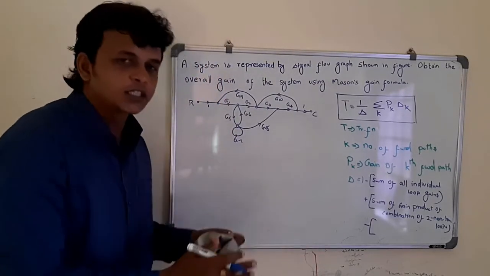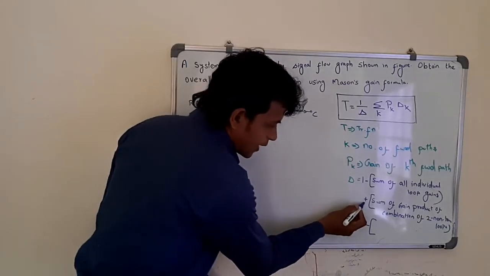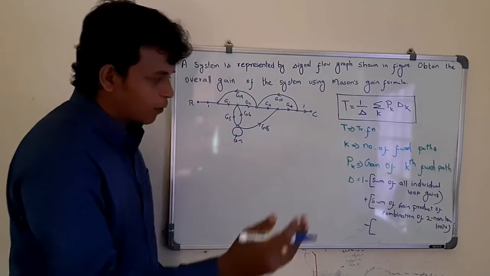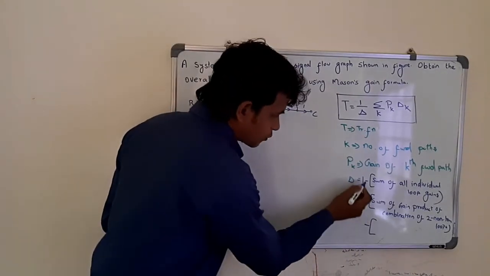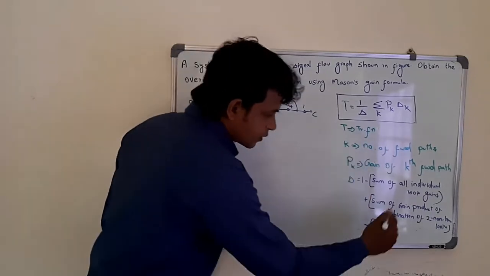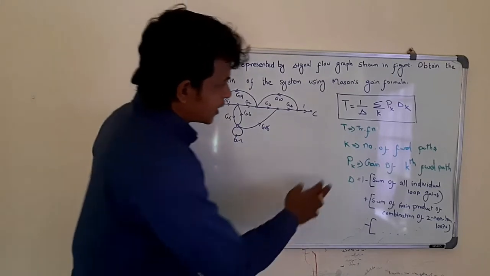So for combinations of an even number of non-touching loops we write a positive sign, and for combinations of an odd number of non-touching loops we write a negative sign. With this the formula extends. So del is over.